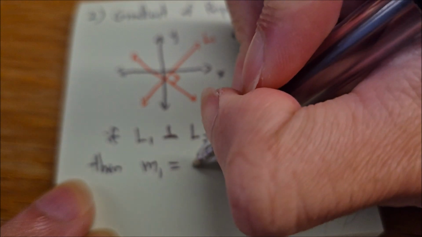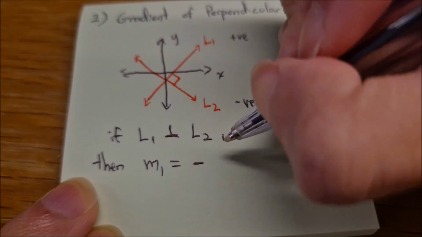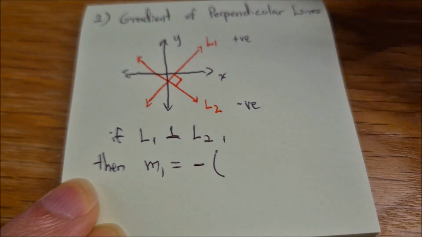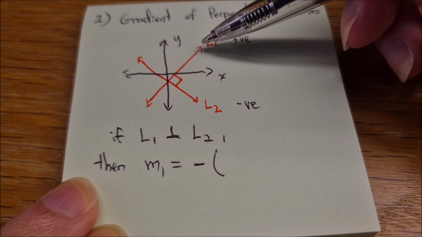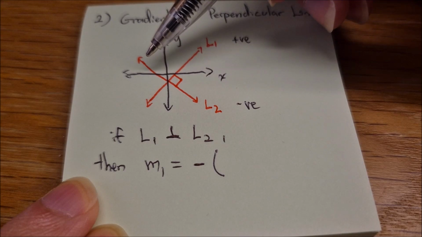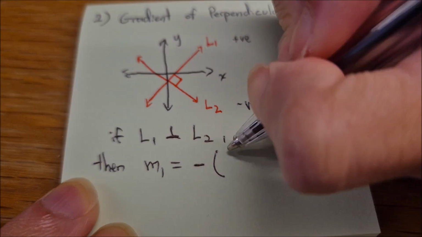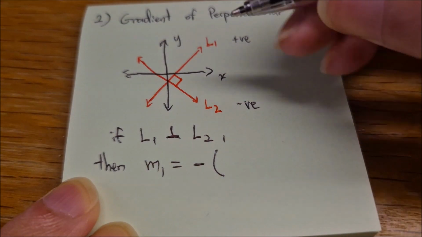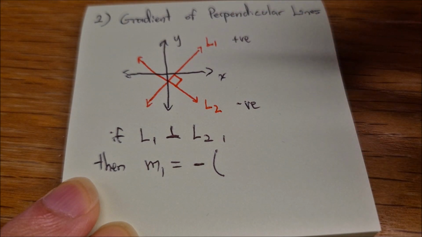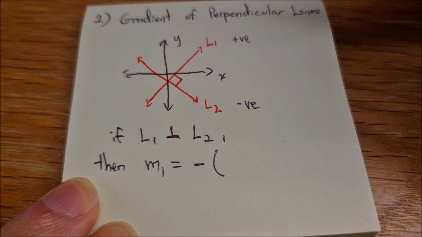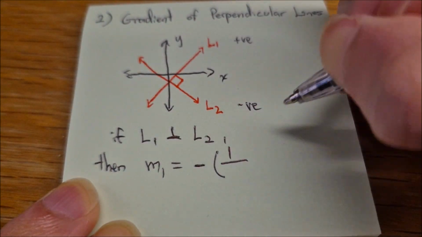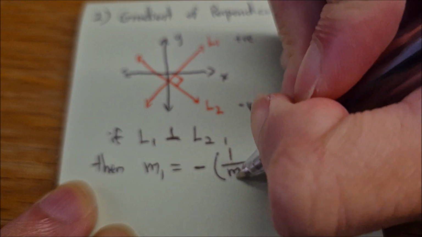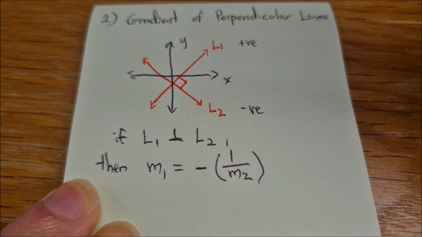It will always be negative, so -1 times. If it's perpendicular, and this line is steep, then this one will be quite flat in comparison. And the relation between the slopes is that they are inverse of each other, which means it's simply 1 divided by the other gradient.